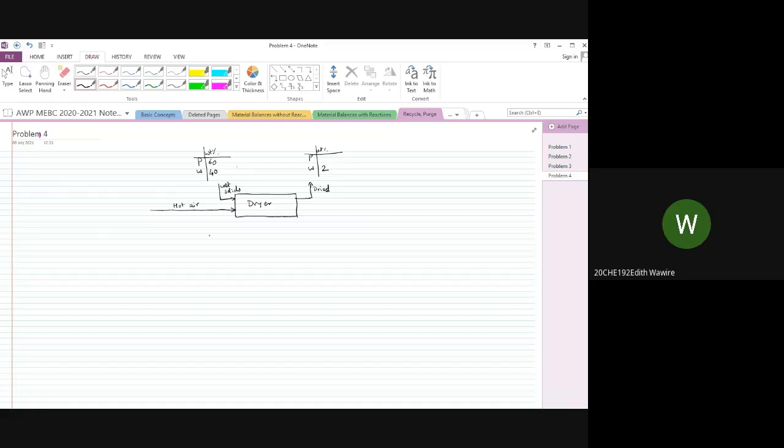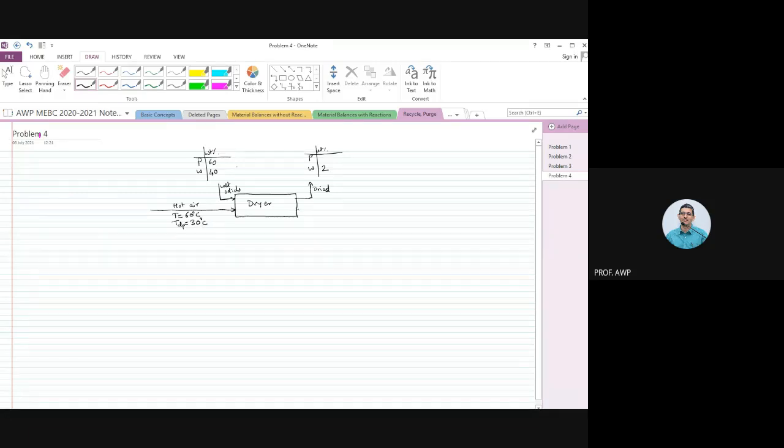Yes, sir. And this hot air was going to contain very little water, and therefore it can pick up the water from the solids. Okay, so let's say this hot air, we want the temperature to be 60 degrees centigrade, and the dew point temperature to be 30 degrees centigrade.